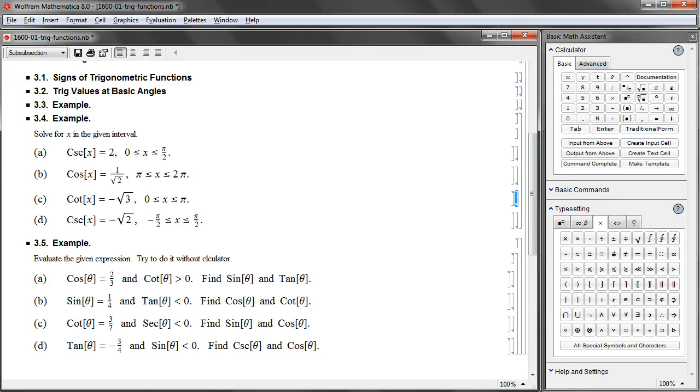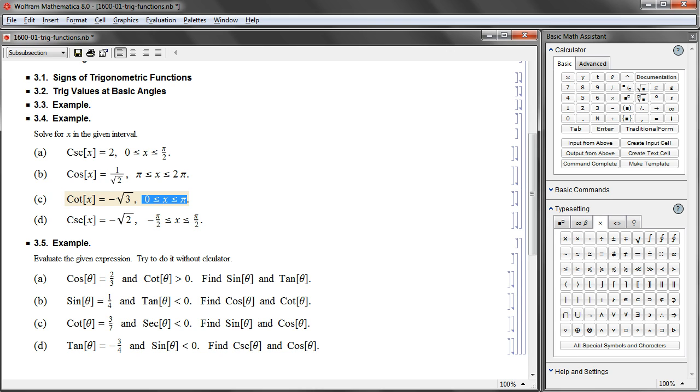Getting the angle back may be a little bit trickier. For example, what if you want to find the angle where cotangent is negative square root of 3, between 0 and pi? So we are looking at either quadrant 1 or 2. Cotangent is negative, so tangent is negative, so it should be the second quadrant.